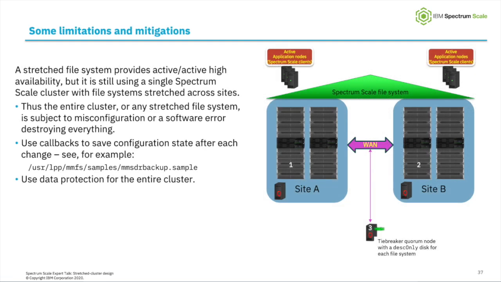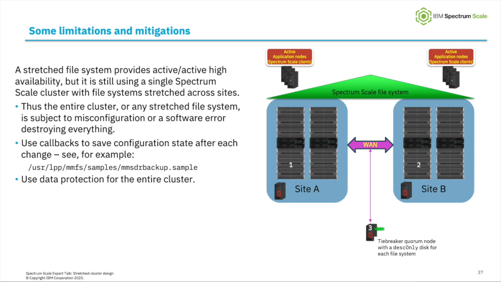So properly speaking, we say that stretched cluster architecture is a highly available architecture rather than a disaster recovery architecture. The reason for that is it's a single Spectrum Scale cluster and a single Spectrum Scale file system, and there are some limitations. If someone were to misconfigure something, that affects the entire cluster.